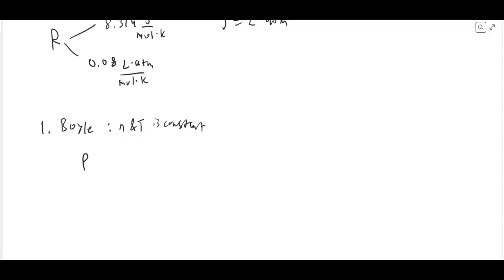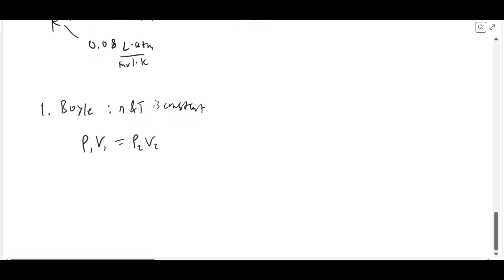Overall, this means that our initial pressure times initial volume will be equal to our final pressure times final volume. So if we increase P, then our volume will have to decrease in order to compensate.